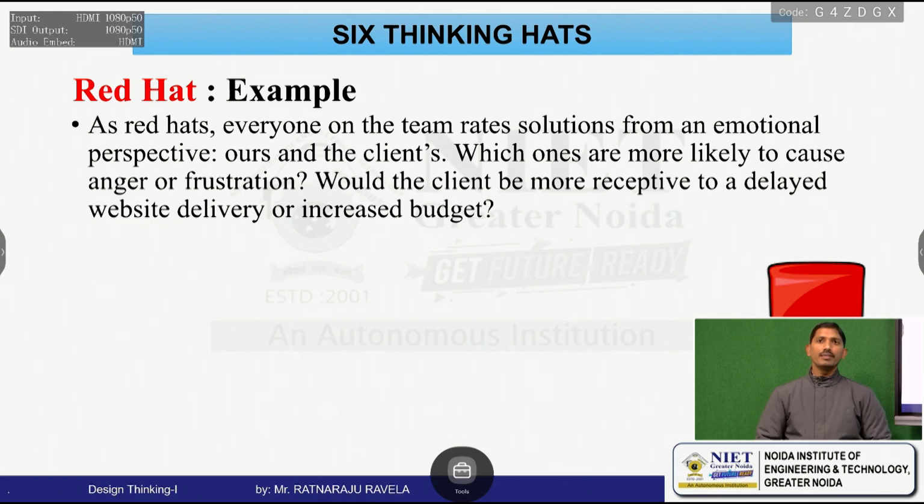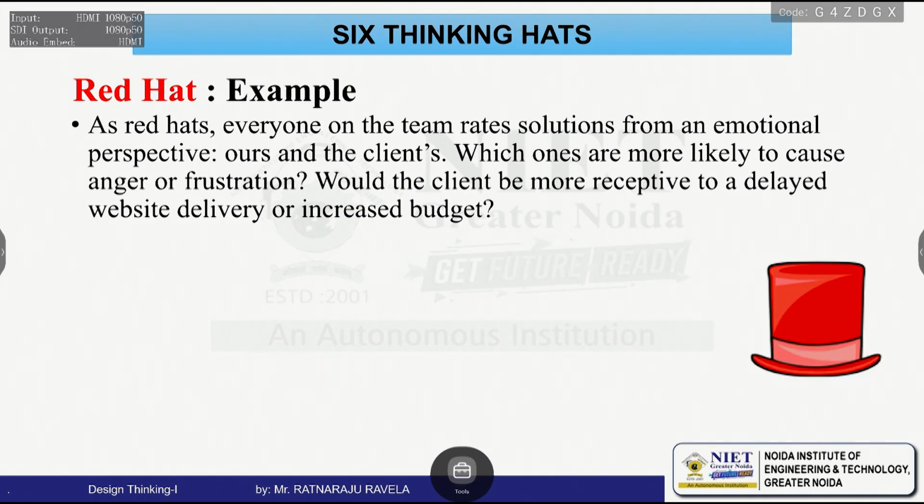If changing the color is getting delayed, if it is crossing the deadline, how will the client feel? Or, in order to finish within the deadline, if I increase the budget, what will be the feeling of the client? We look at both sides to get a clear idea about the red hat.